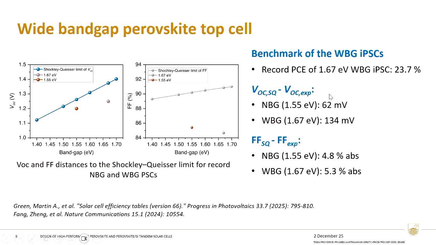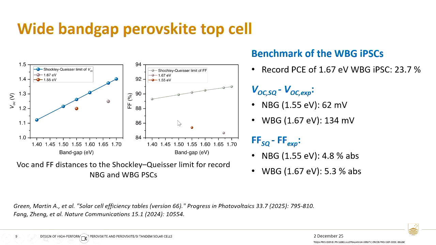For the most used perovskite top cell, the band gap has mostly been located at 1.65 to 1.7 eV. That's because this is modeled to give the highest efficiency at the standard testing condition, particularly for monofacial perovskite-silicon tandems.